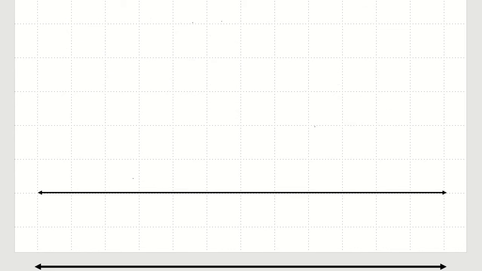So let's try this with subtraction. So let's say I'm given a word problem that wants me to subtract 1,633 and 718.